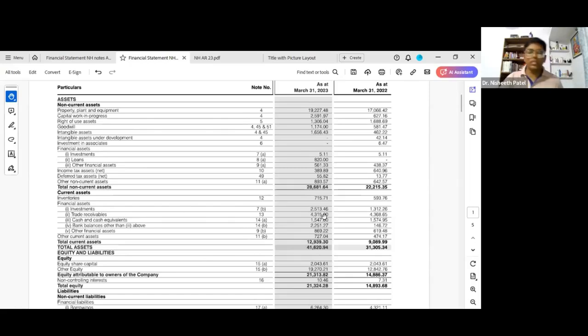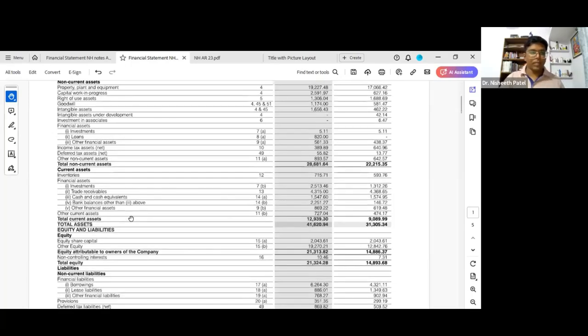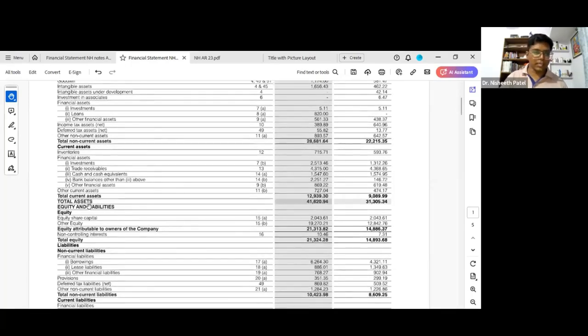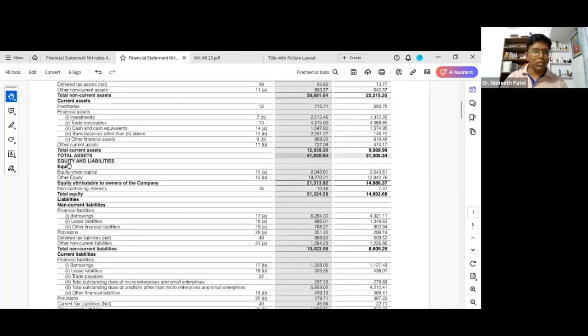So they will get this money within 1 year. That is the basic concept of the current asset. So this completes the asset side.